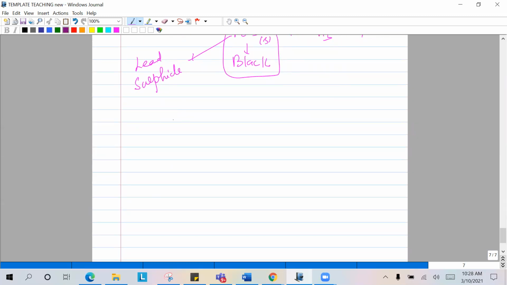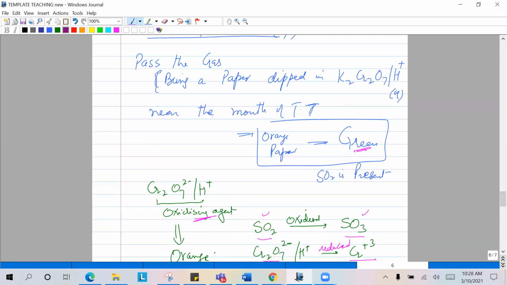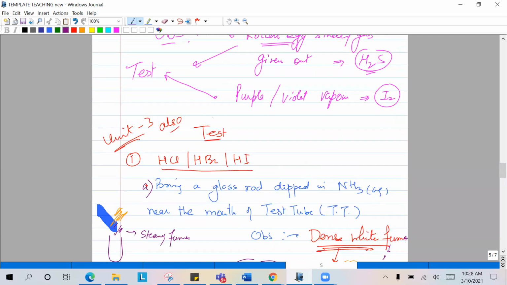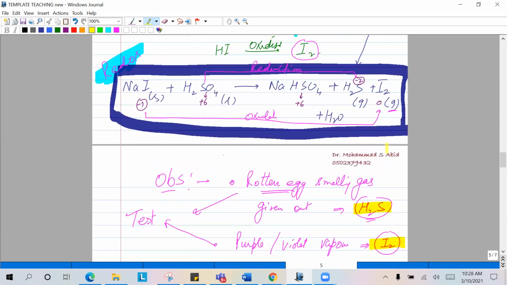Now moving on to the next part. Over here, if you go back to the reactions which we were talking about, I have explained to you the test for iodine. I have explained the test for H2S.